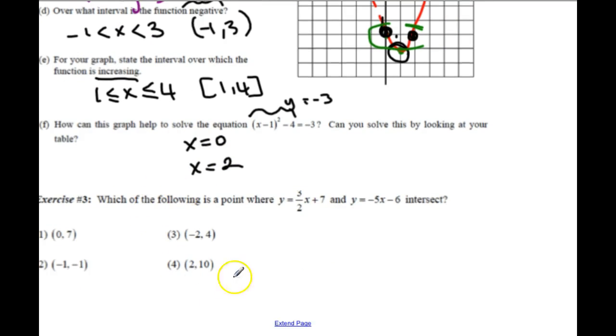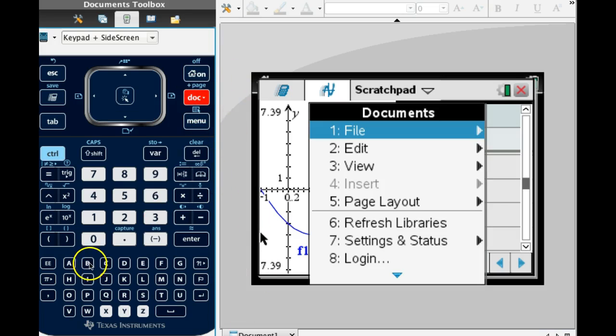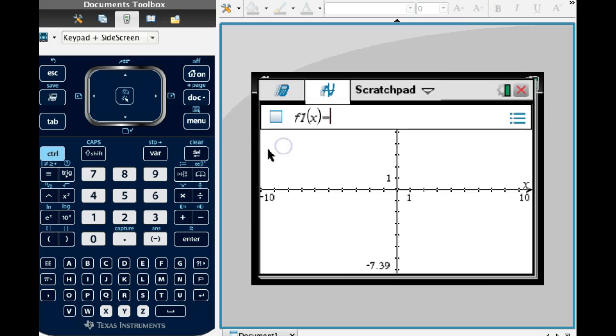Now the last question, and this is how you see those multiple choice. Which of the following is a point where y equals 3/2 x plus 7 and y equals -5x minus 6 intersect? So again, you don't even have to do anything. Go to your calculator, clear all of this. Document B. Go to the home. I want to graph.